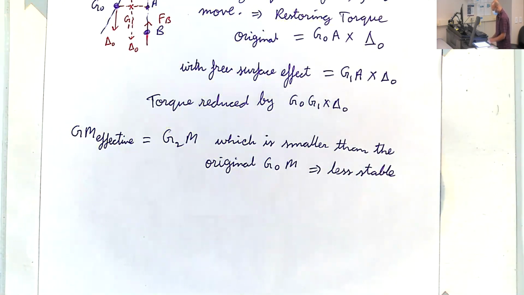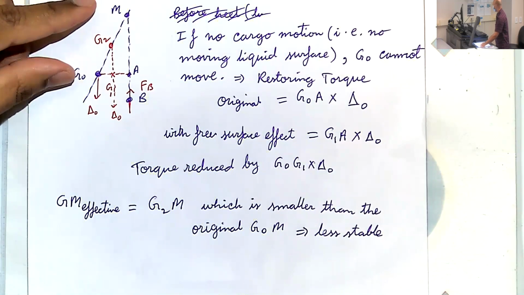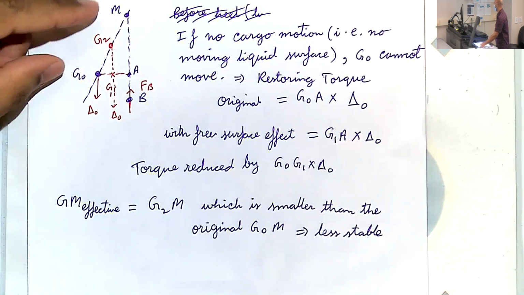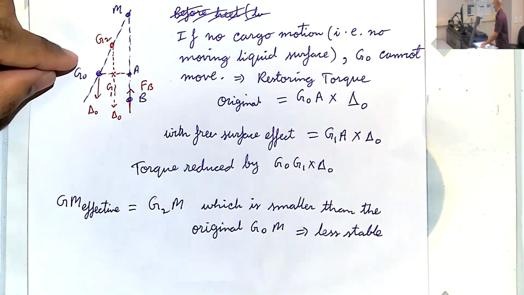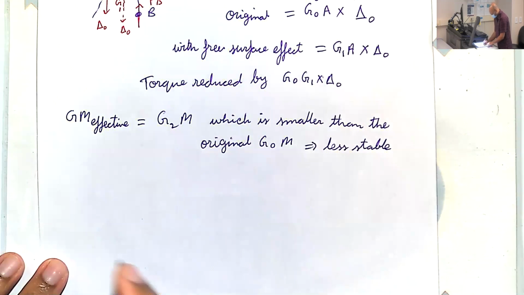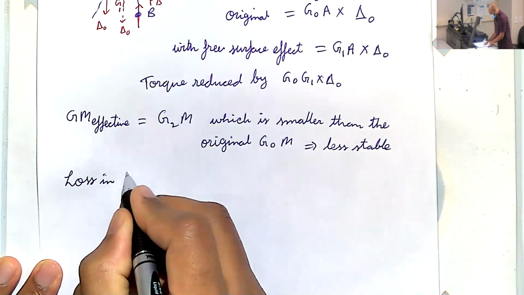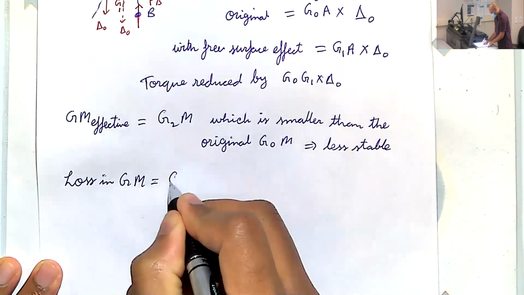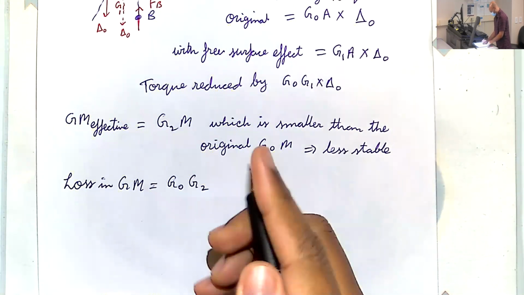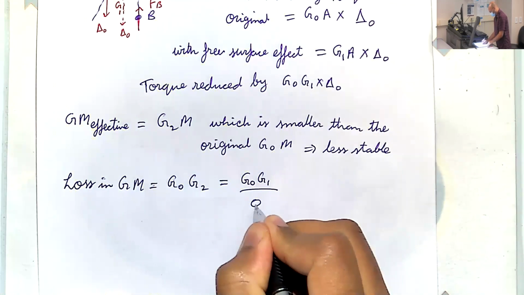All right. So the loss that we have suffered in the GM value is G0, G2. That's how much it has decreased by. So loss in GM is G0, G2. And using trigonometry, we just see this is G0, G1 over phi.